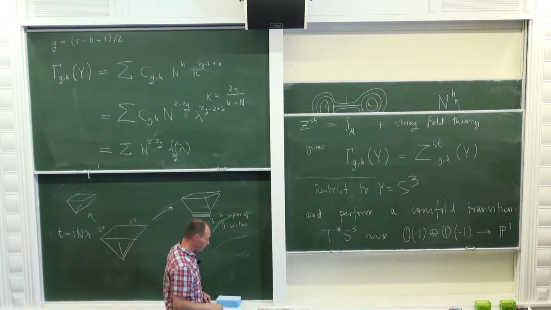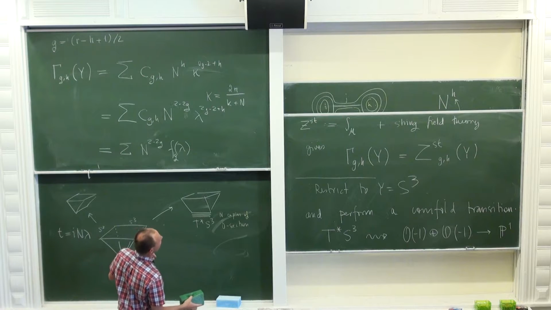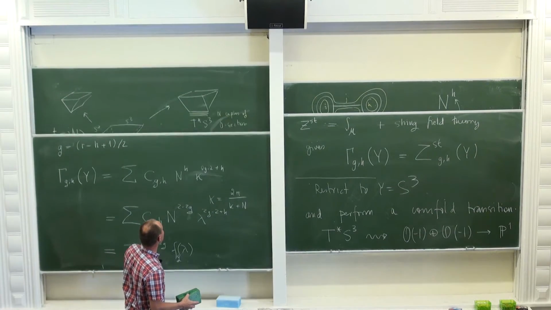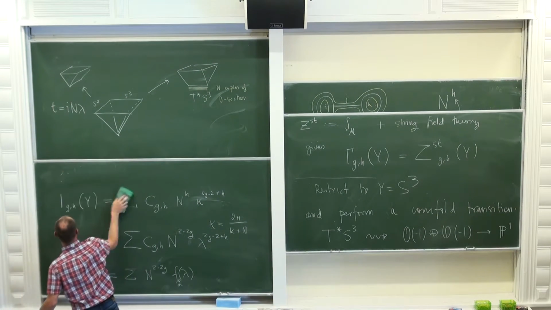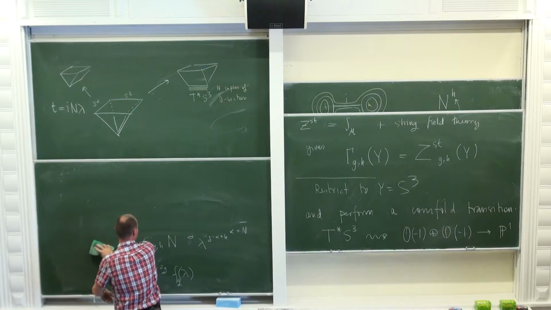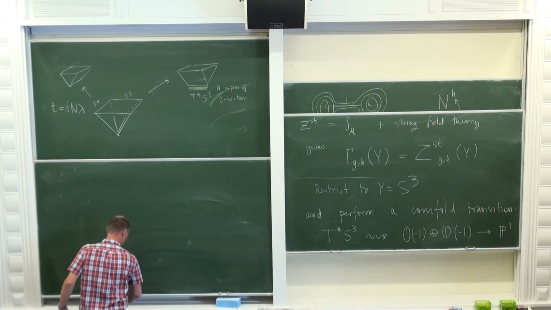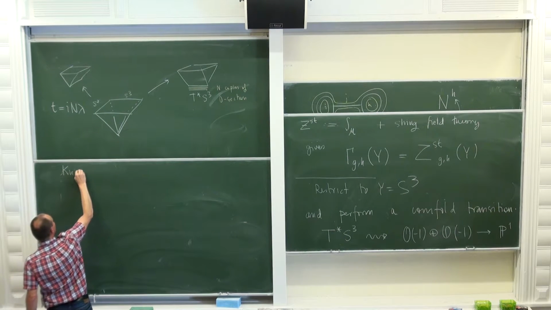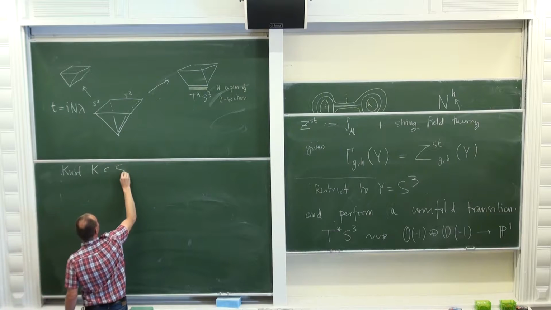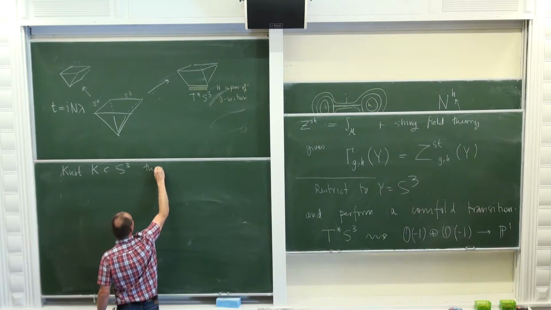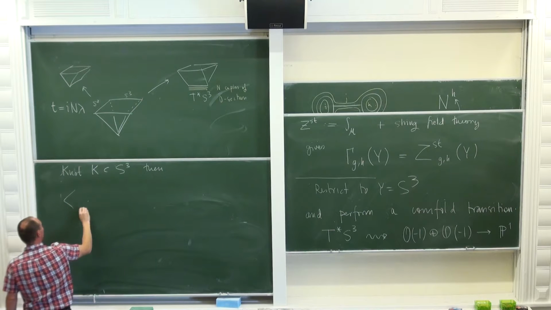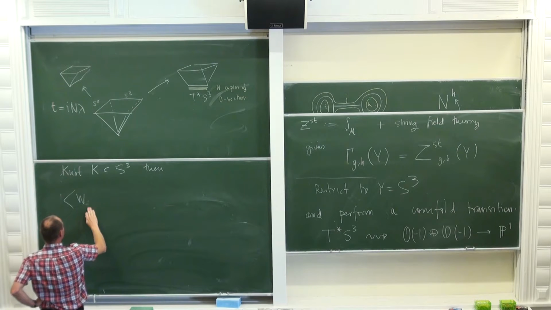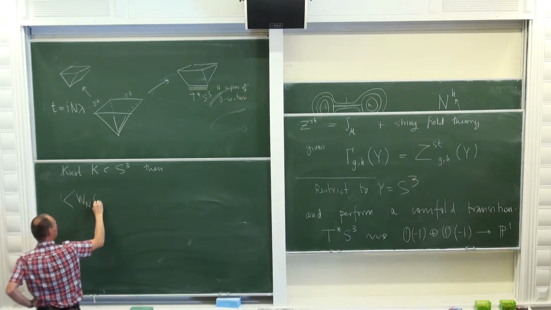Okay, so to continue the story, there's one more ingredient that has to be added, and that's what happens when you have knots. So far we get Chern-Simons on a free manifold, but when you have a knot K inside, let's say S3, then you can take, maybe I should put N, SU(N).